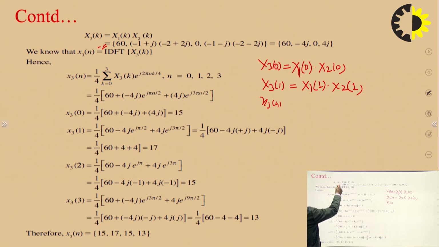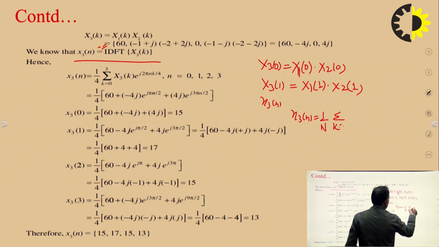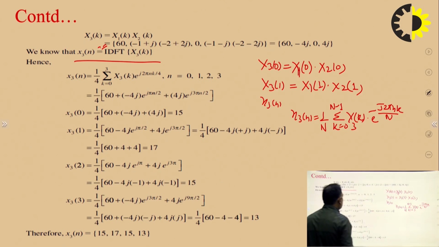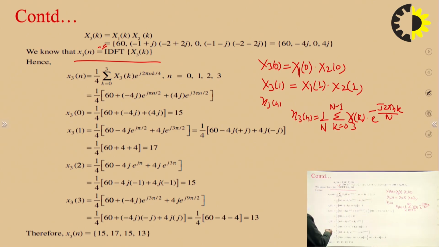So x3(n) is the IDFT of X3(k). This is the formula of IDFT: x3(n) equals 1 upon N summation k equals 0 to N-1 X3(k) into e to the power j 2 pi nk by N. According to this expression we can find x3(0), x3(1), x3(2) and x3(3).